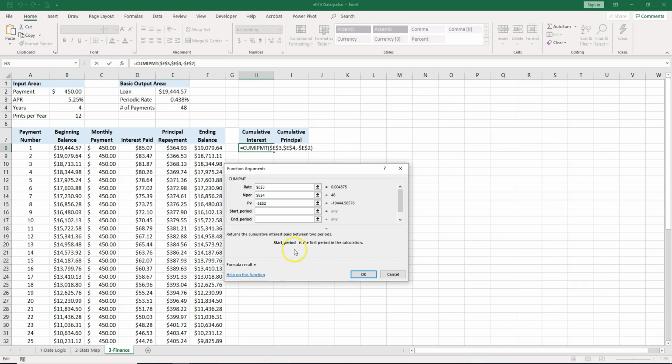Now what is the start period? It's the first period in the calculation. So the first period would be always number 1. So I'm going to click it and I'm going to actually lock it. What is the end period? It's the last period in the calculation. In our case, because we are here, the payment number 1, I'm going to actually click number 1.